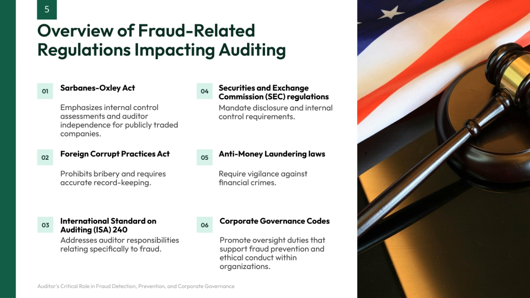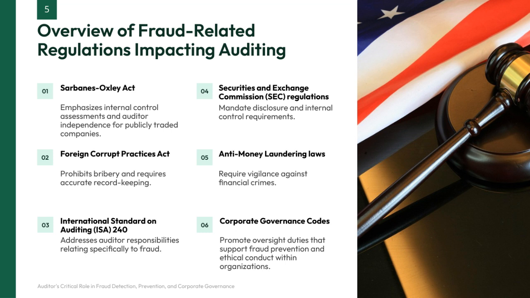Next, the Foreign Corrupt Practices Act prohibits bribery while also mandating accurate and complete record-keeping, which helps prevent fraudulent activities tied to corruption. The International Standard on Auditing, specifically ISA 240, outlines the auditor's responsibilities with respect to detecting and addressing fraud during an audit.